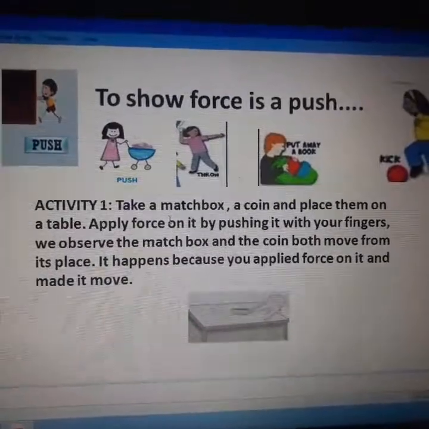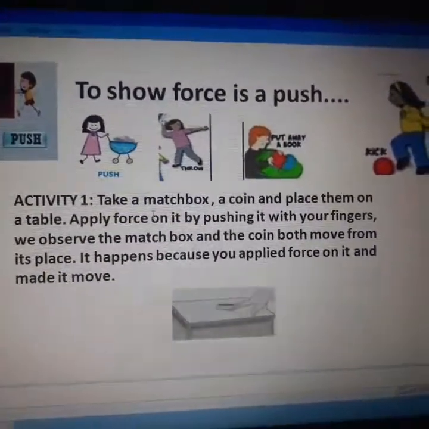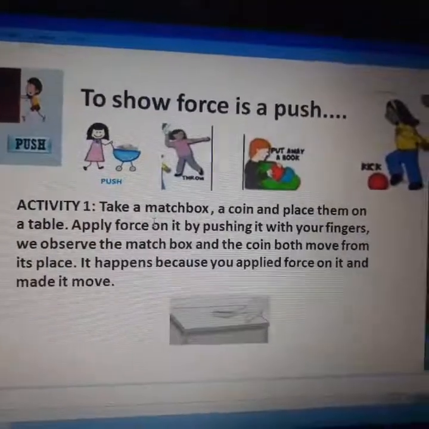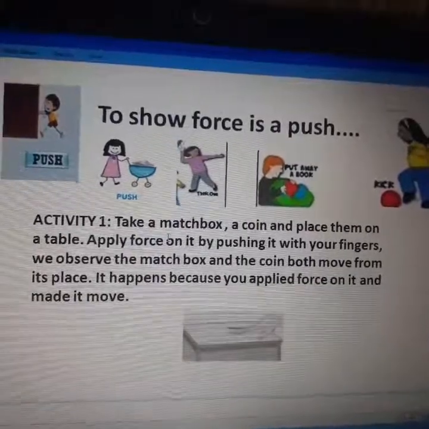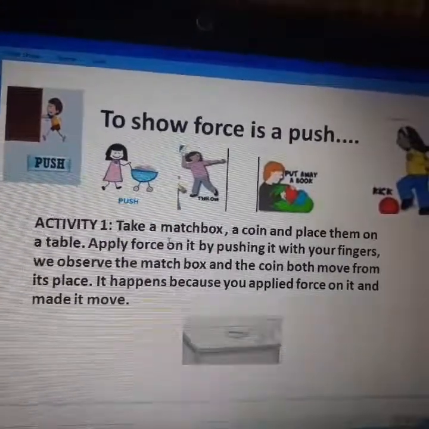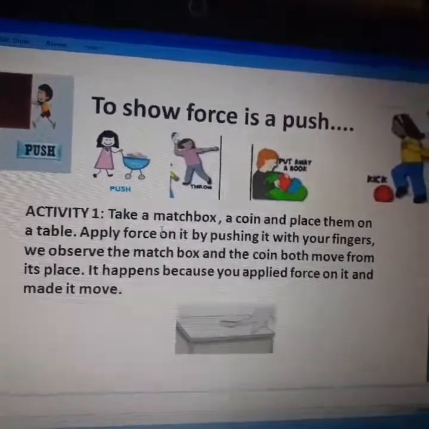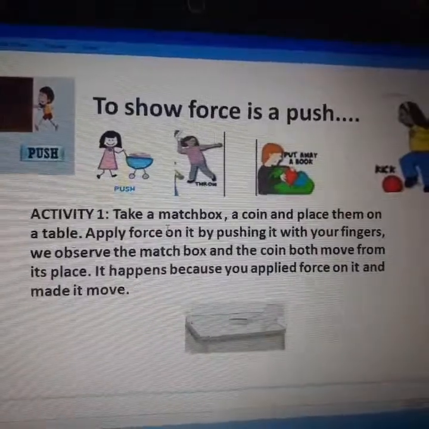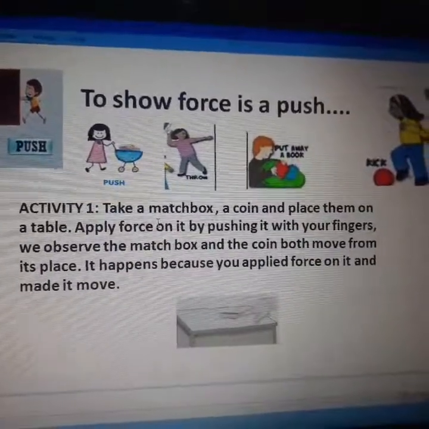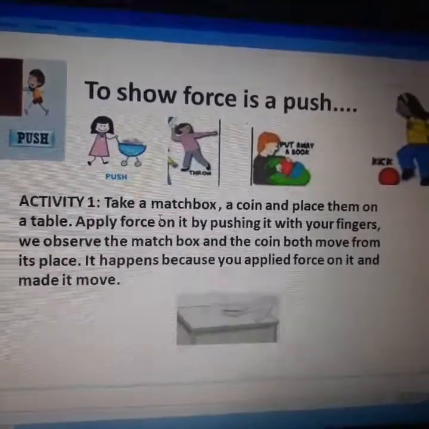Now, let us look at this slide. We've already said that force is a push. You can look at some of the images shared. In the first case, the boy is closing the door. The girl is pushing the pram. Then in the next picture, the girl is throwing the ball.